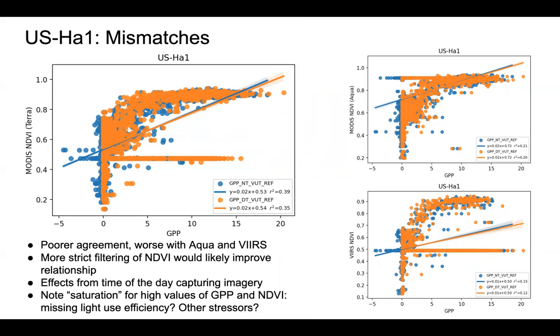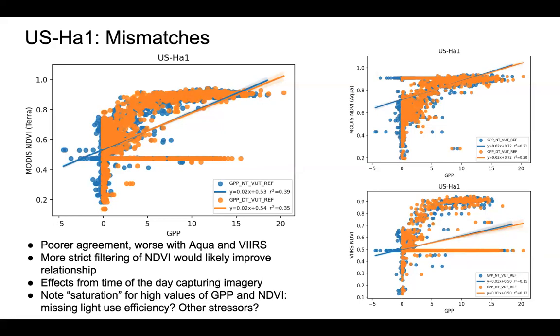There are obvious artifacts in this plot, but I'm not going to go through them right now. I just wanted to point out that we have this kind of saturation effect in this relationship between GPP and MODIS.